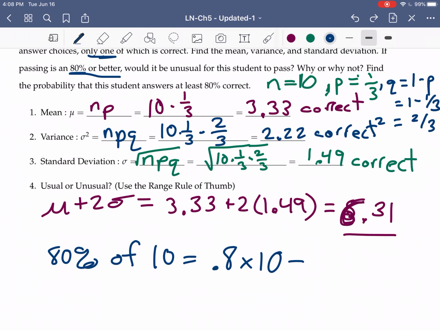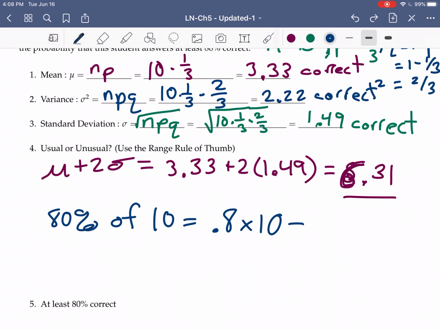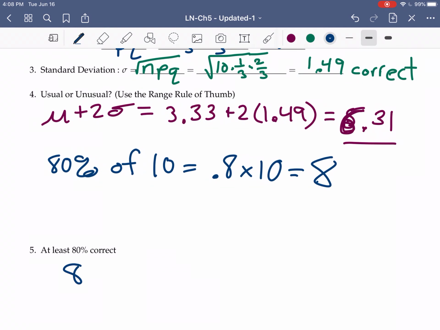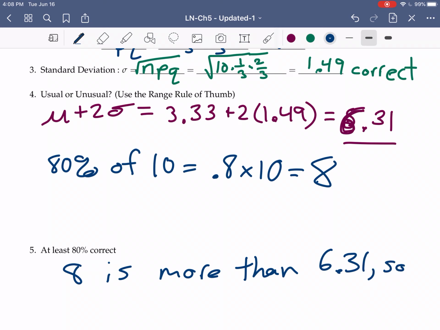So you would need to get 8 right to pass. 8 is more than 6.31, so it is unusual.